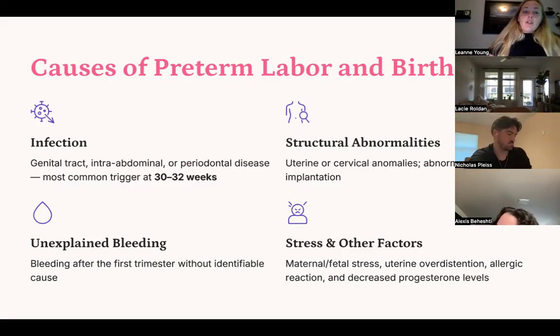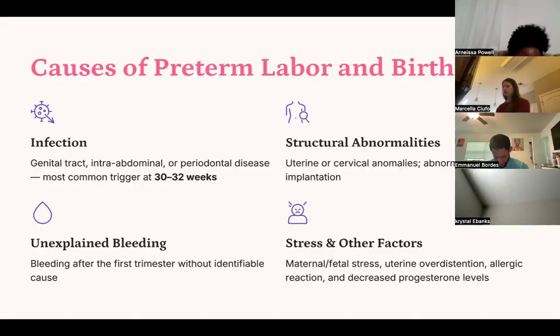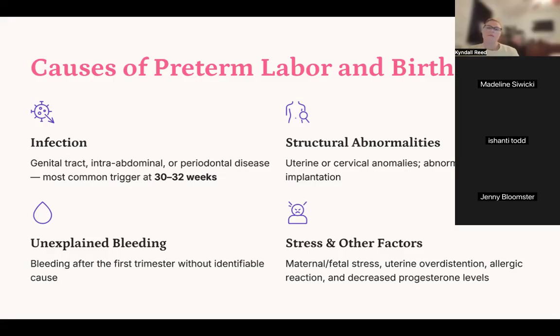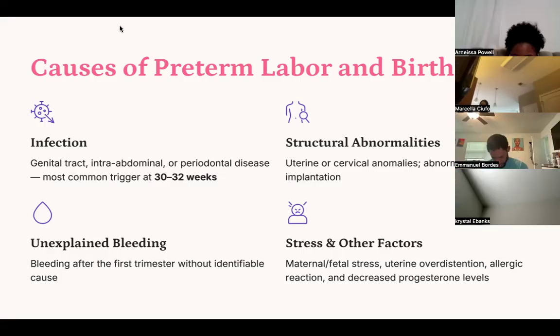Okay, genital tract infections, that could be if mom has a new onset of an STD or she has one that has not been treated or is reoccurring. Okay, chlamydia, gonorrhea. If she has a flare up of herpes, that can also cause preterm delivery, preterm birth. So these types of infections are common at 30 to 32 weeks.